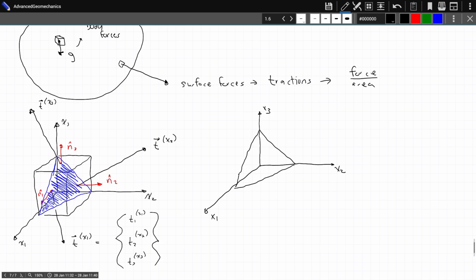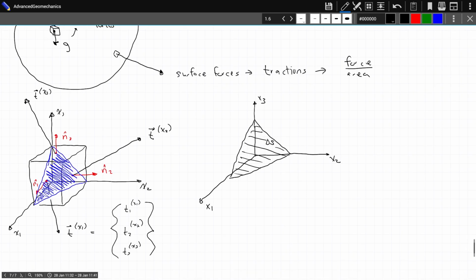And so this front face of the tetrahedron, we're going to say it has an area dS. It has an outward normal vector, so this is again normal to this surface, n.